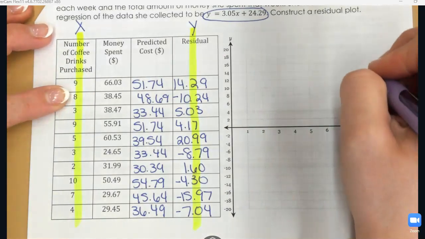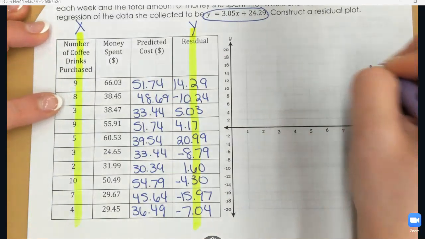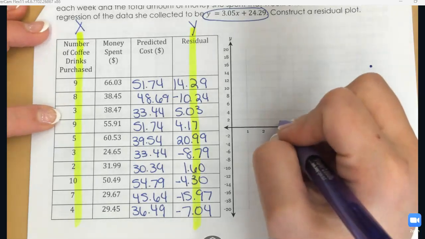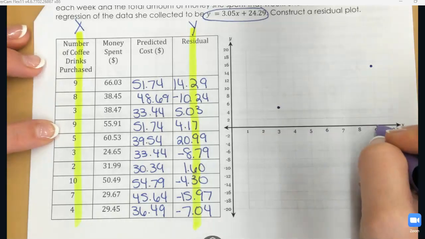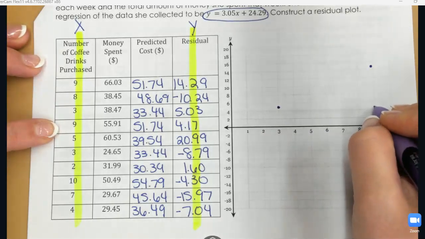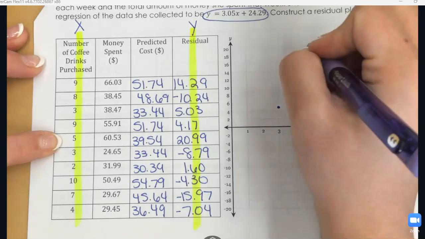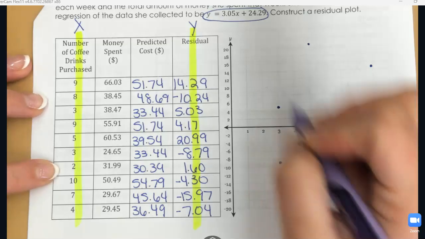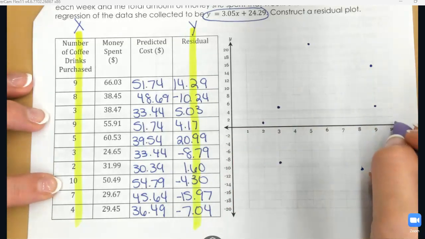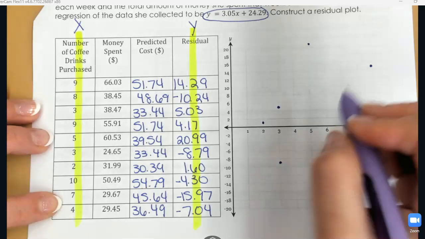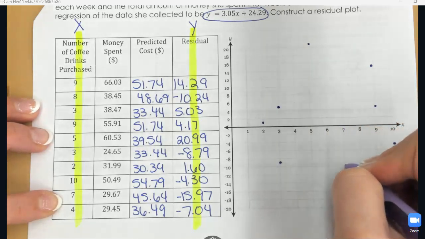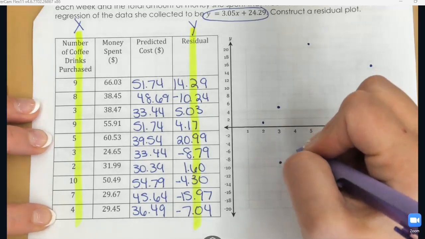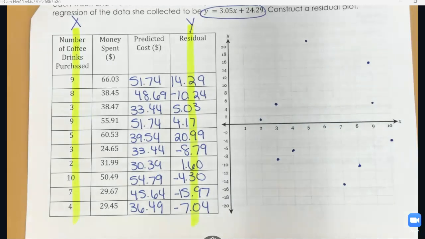And we're just going to eyeball them because they are not perfect numbers. And there is our scatter plot, our 10 points.